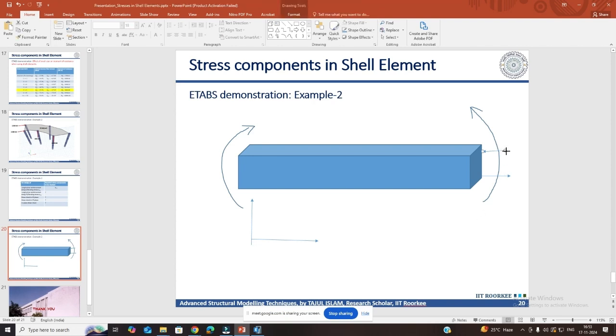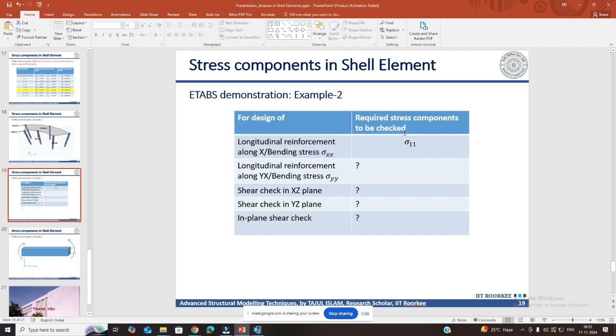Yes. So it means for designing the x direction reinforcement, you have to check the stress in x direction, right? Can I say that?